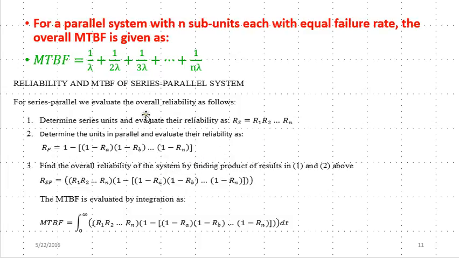Now if I want to find the overall reliability, all I would do is find the parallel, find the series, and now come and multiply them, because the parallel is now in series with the already series system. So I have something like this. For me to find my mean time between failure, I have to integrate my reliability, and you can see here I'm maintaining my n. That is why I cannot give any expression in terms of lambda, depending on what your n is.